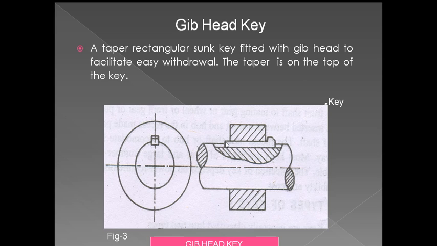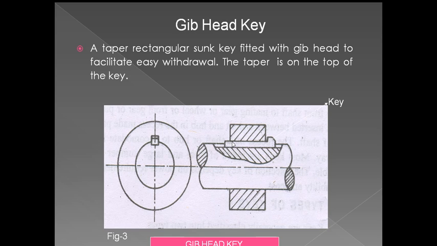This key is a rectangular key which has a gib head at the larger side. This gib head is used for easy removal of the key whenever it is required. It has a taper on the surface of the key which facilitates a tight fit.